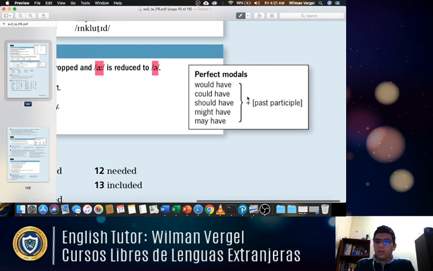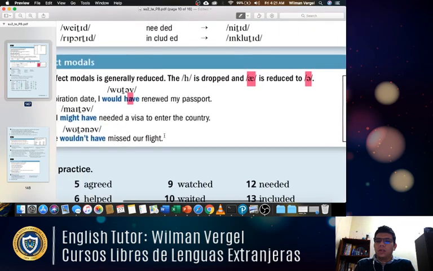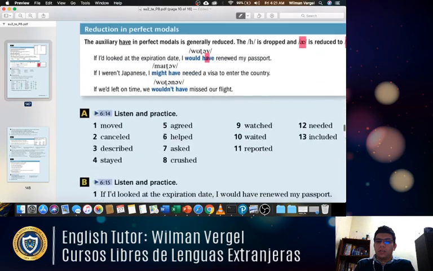And those are the perfect modals, the ones that we can reduce. Here we say would have, could have, should have, might have, and may have. Good. So those perfect modals can be reduced.